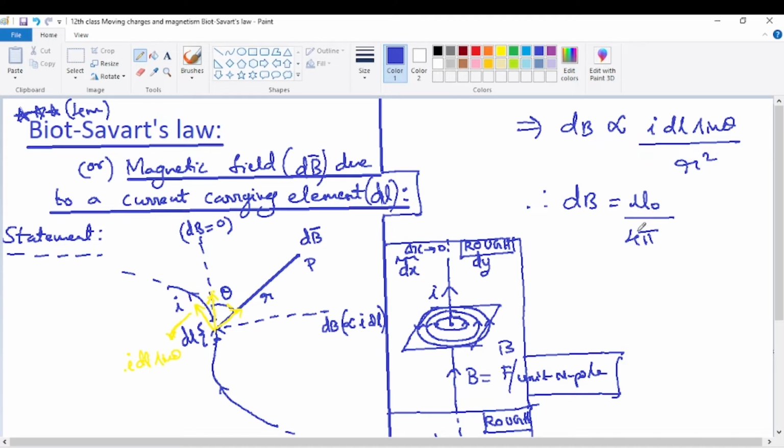In the next topic, we'll be exactly seeing the similarity between a real magnet producing a magnetic field. Practically, we have seen magnets and their magnetic fields, how they apply magnetic fields and forces on magnetic materials and other magnets or other magnetic poles.